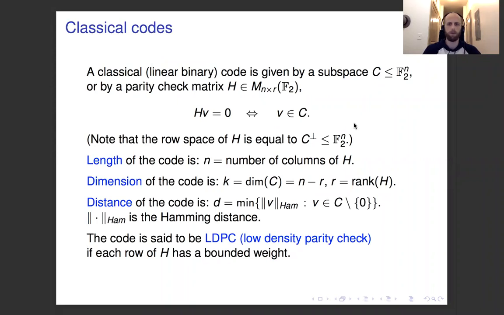The three parameters that we are interested in are the length of the code, which will be n, the dimension of the code, which is just the dimension of the subspace, and the distance of the code, which is the minimal Hamming distance of a non-zero vector inside the subspace.